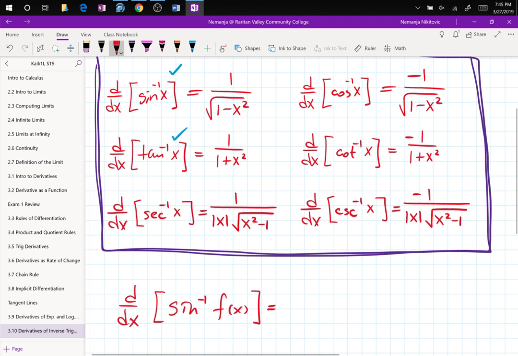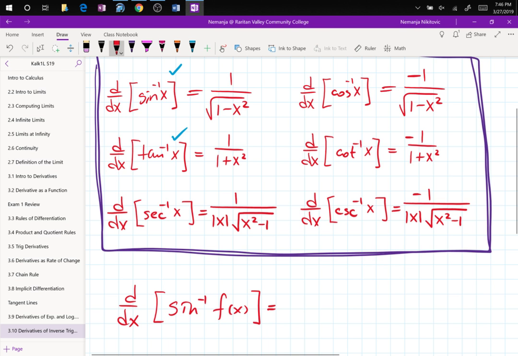Now, what do we know? If on the left side you replace x with f of x, then common sense says on the right side, every x gets replaced with f of x, and then the 1 in the numerator gets replaced with the chain rule, which is f prime.